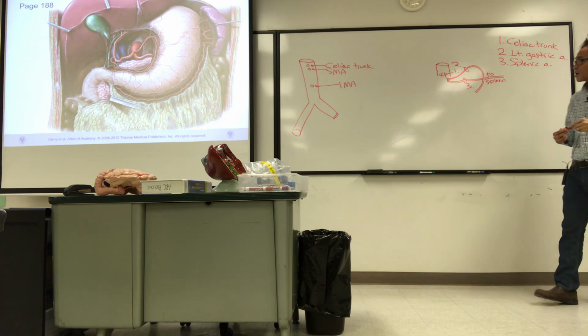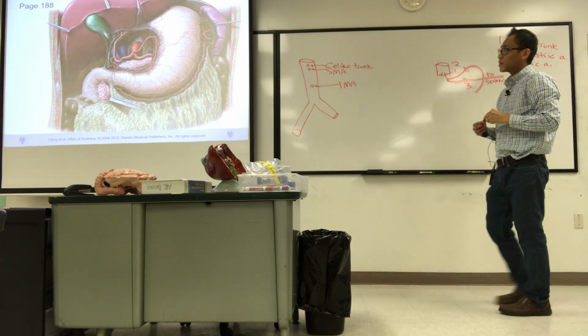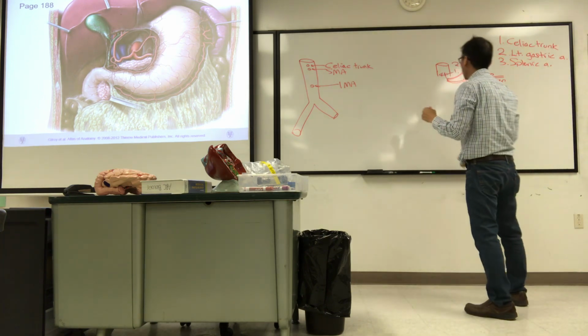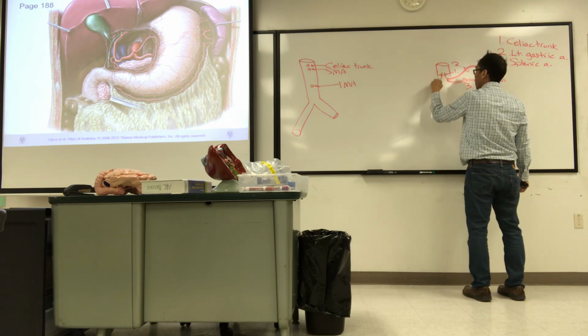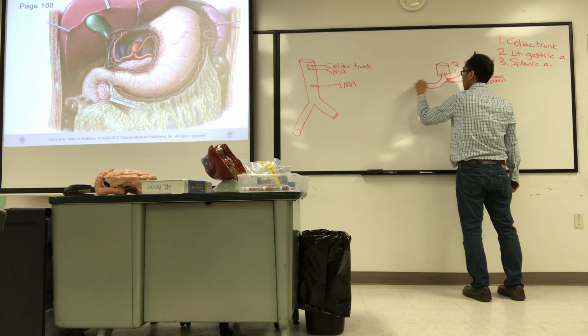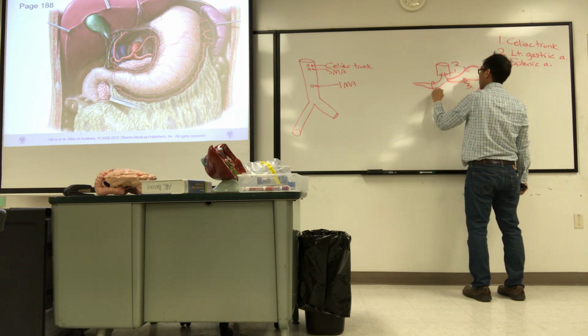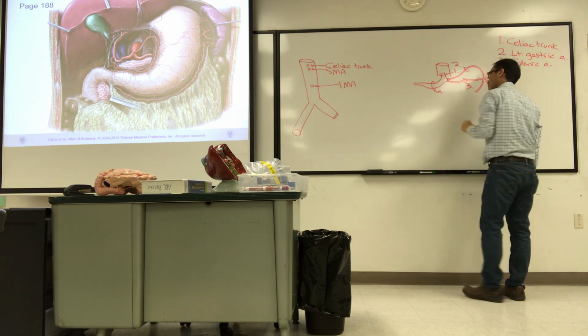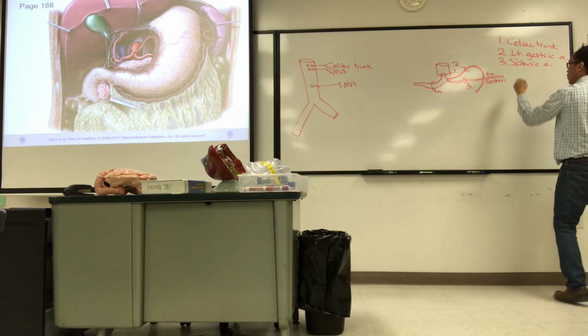Splenic artery. All right, let's follow the major branch that goes off to the right. It's the common hepatic artery, number 4.